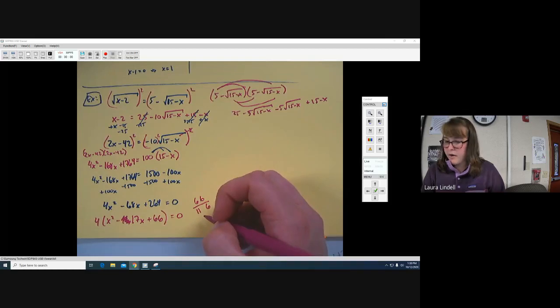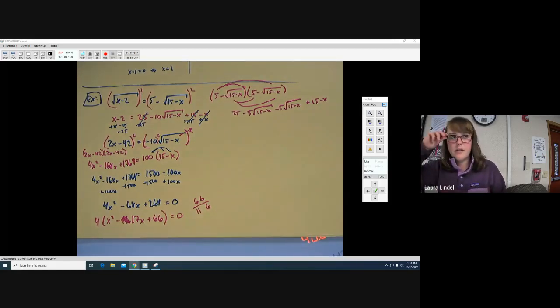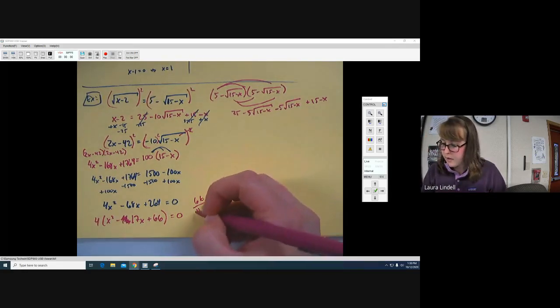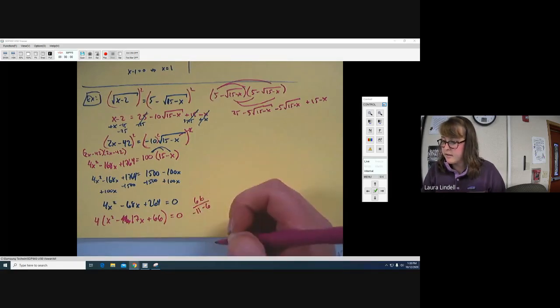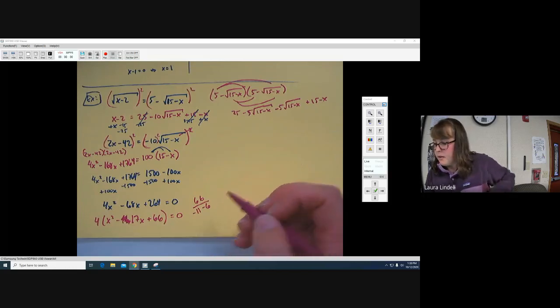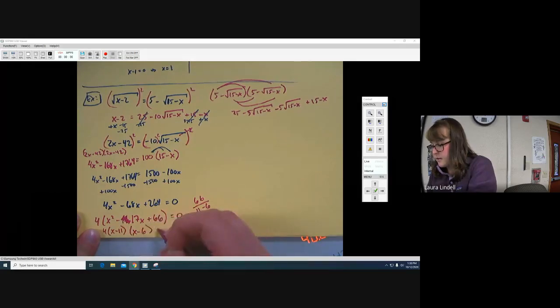Or you could use the quadratic formula at this point. This might be a decent place for that if thinking of things that multiply to 66 is not your thing. In this case, though, I would want to do negative 11 and negative 6 because those add to negative 17. So we get 4 times x minus 11 times x minus 6.